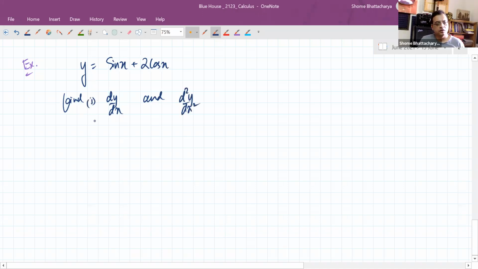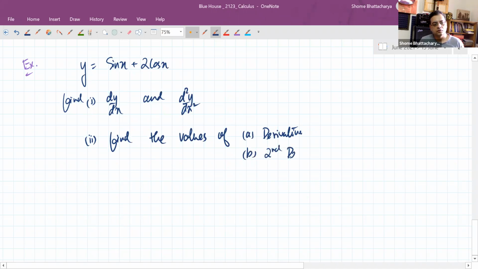And secondly, find the values of the derivative and the second derivative, both of these at the point, let's say x equal to pi by 6.